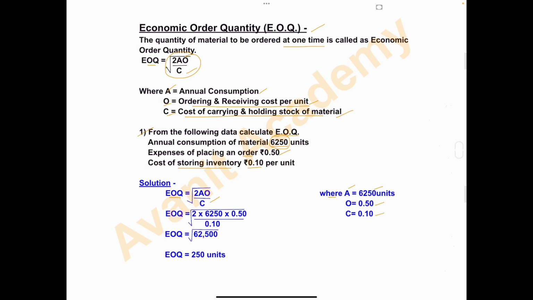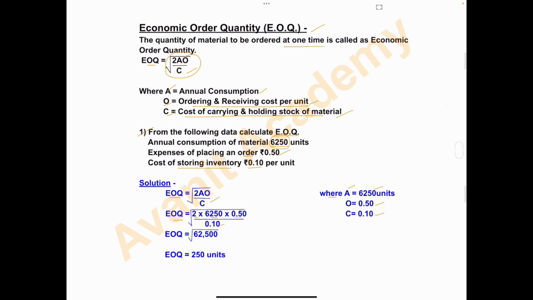Now solve the problem. EOQ is equal to root, as it is, 2 into A. A is 6,250, right here 6,250 into O. O value is 0.50 divided by C. C value is 0.10. Calculate this.